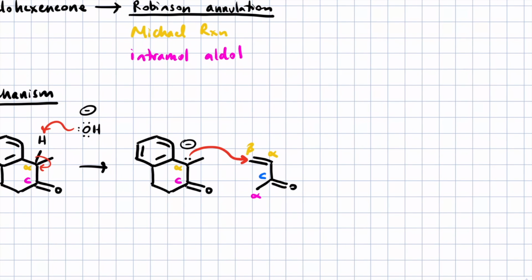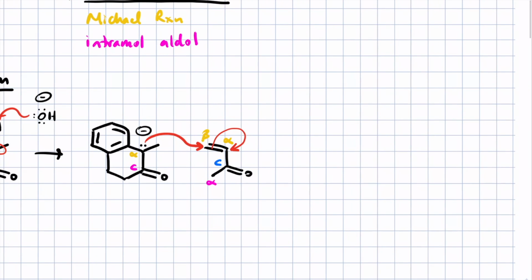Remember that what that basically means is the enolate is dumping electron density into the LUMO of your alpha beta unsaturated carbonyl compound. The LUMO is an antibonding orbital, and the pi bond between alpha and beta has to break. We can push electrons from that bond between alpha and beta to be on just the alpha carbon.